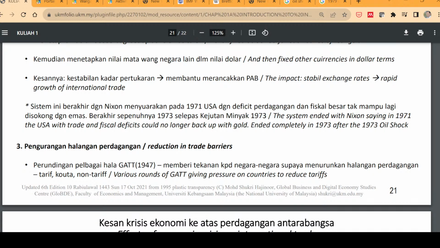Many countries negotiated to do what? To reduce tariffs.